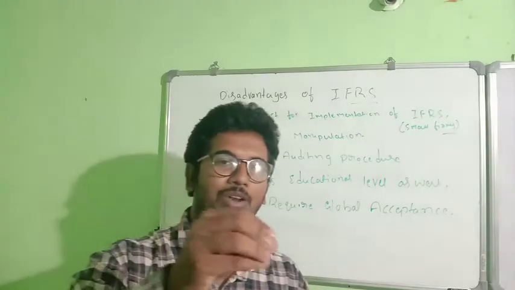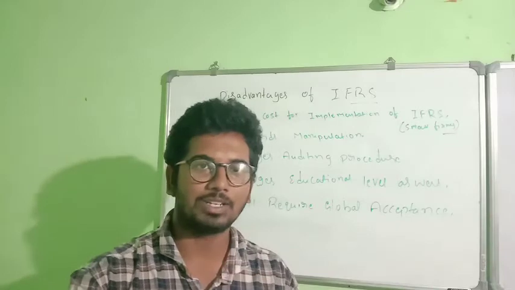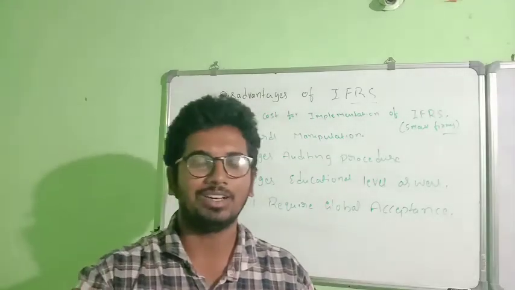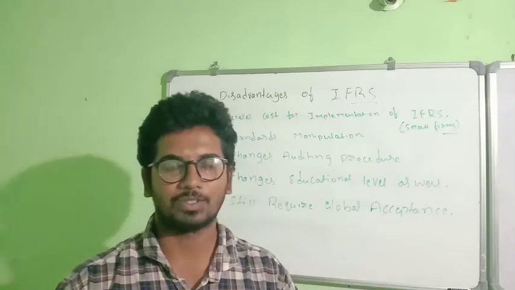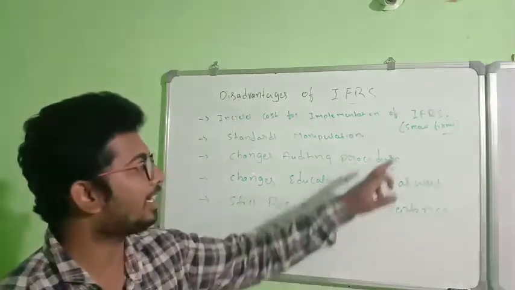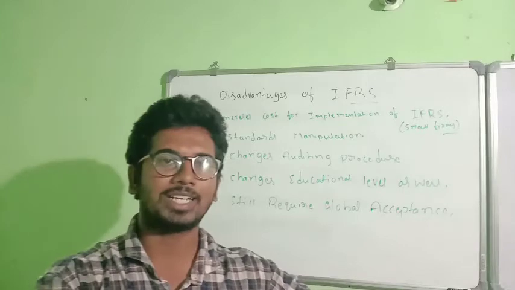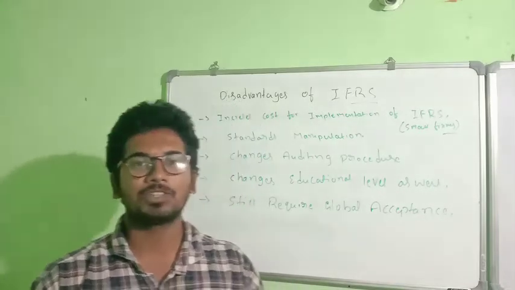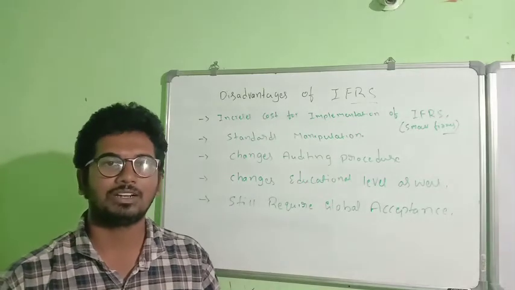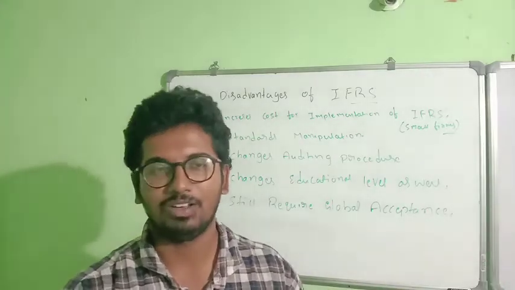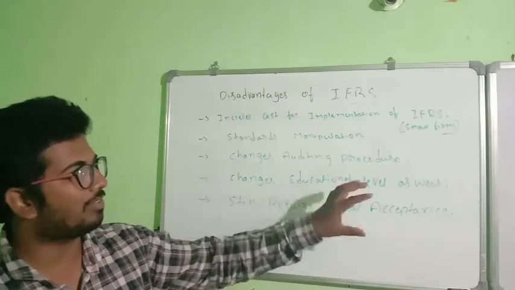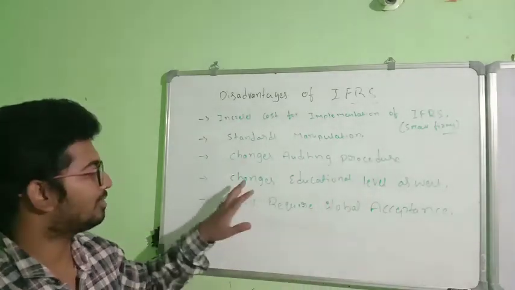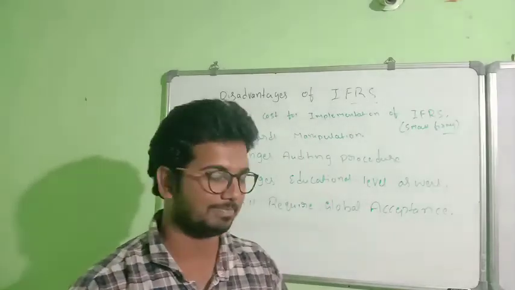Right from the root level of commerce and the basic accounting principles, you have to start changing, so it takes certain time. It may not be possible to meet IFRS immediately. If from next year the entire country implements IFRS standards, there are not enough qualified people in India to meet them. So if IFRS is implemented, it changes the base level education system also. That is what we call changes in education level as well.